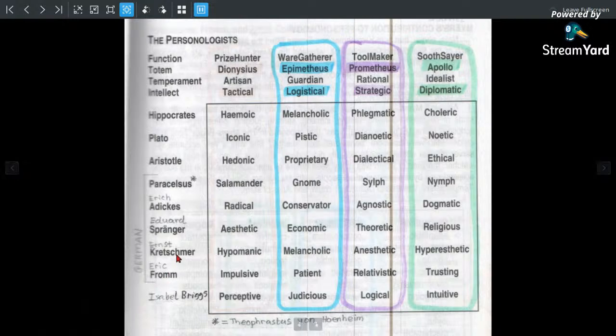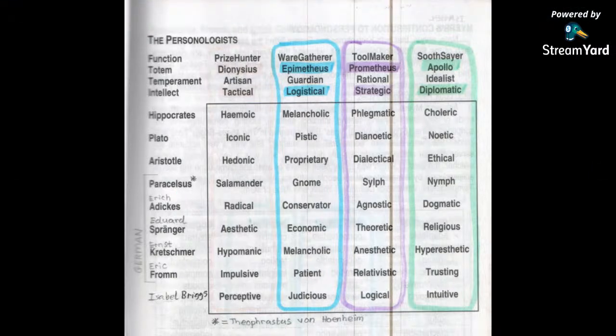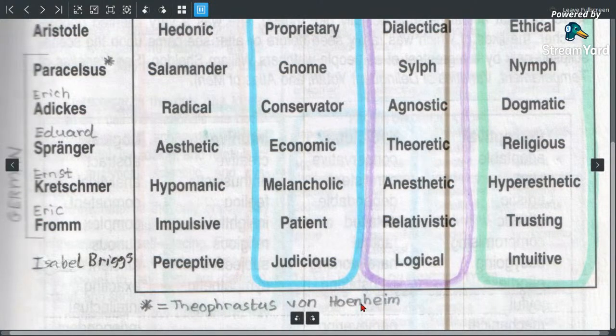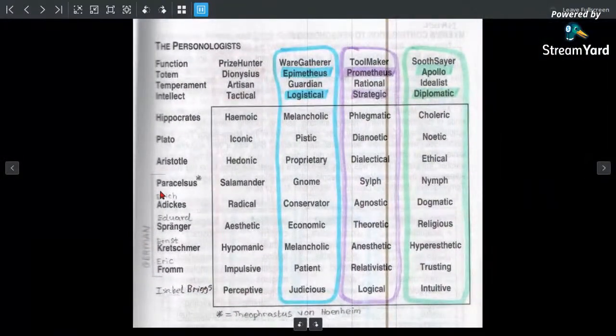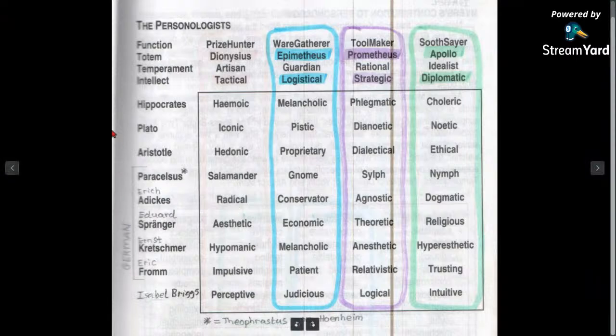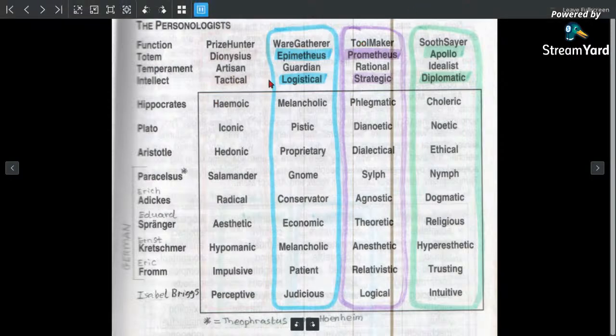Paracelsus, Theophrastus von Hohenheim. He thought he was better than Celsus, this old scientist from antiquity, so he calls himself Paracelsus. What an ego. And there's the animal totem as well: fox, beaver, owl, dolphin.